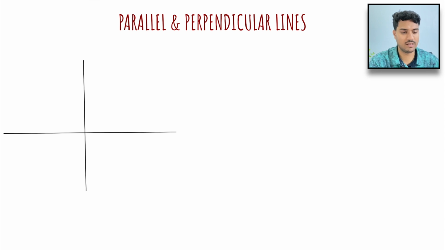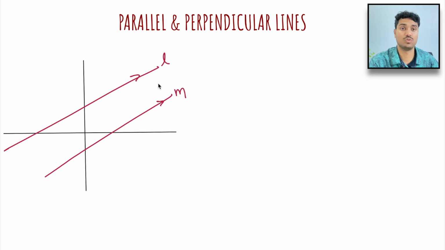Let's say one line is passing like this and another line is passing like this, and let's say this is line L, this is line M, and these two lines are parallel. Or let's say this is L, this is P.